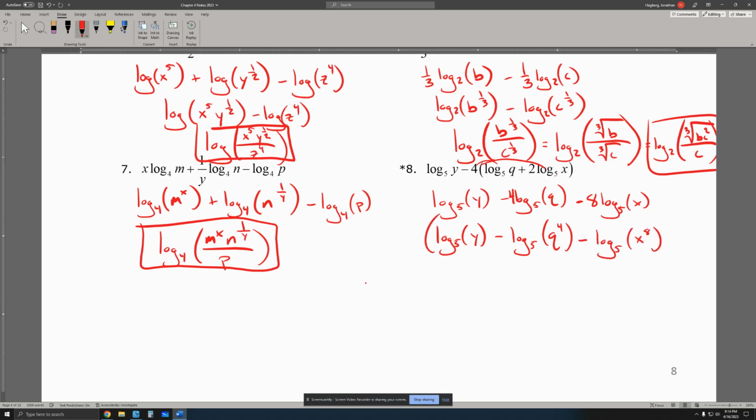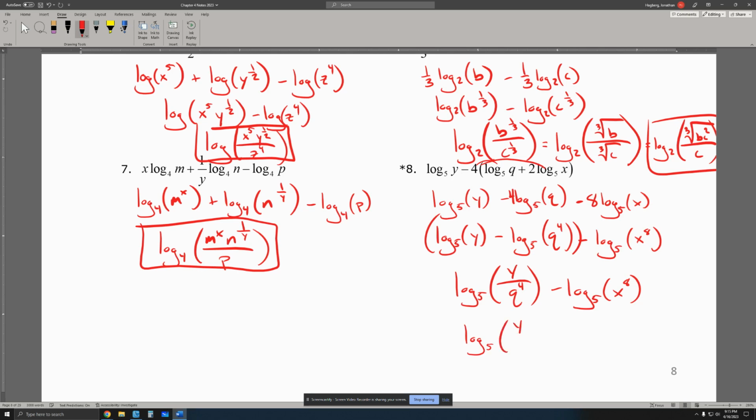Okay, so now let's go ahead and group these first two terms. So we have log base 5 of y over q to the 4th. Okay, and that's minus log base 5 of x to the 8th. All right, so now we're going to divide this again. Now remember, dividing by a fraction is the same as multiplying by the reciprocal, right?